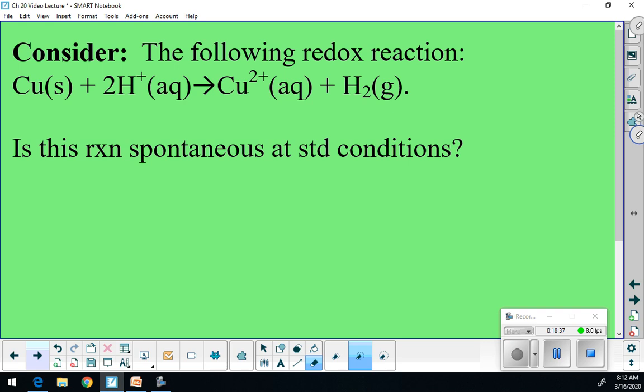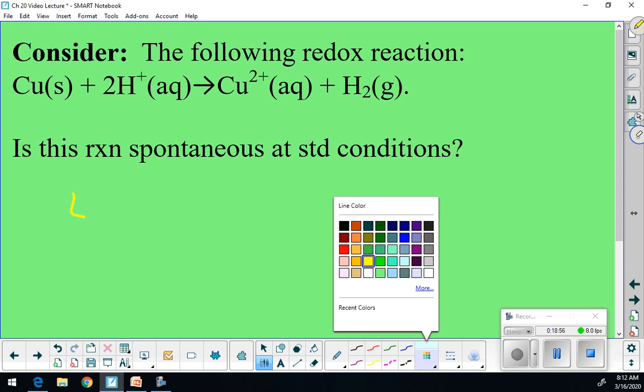This is easy as well. I already mentioned multiple times that standard reduction potentials don't only affect galvanic cells, but all redox. And so we can just simply, ooh, I need to change colors. Give me a new color. How about that color? How's that? Good.